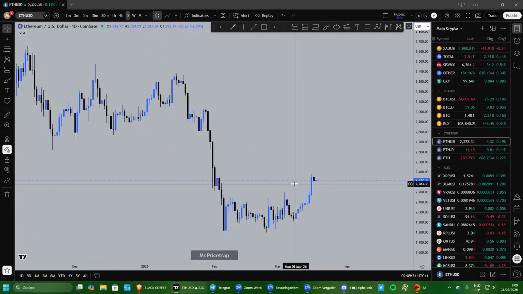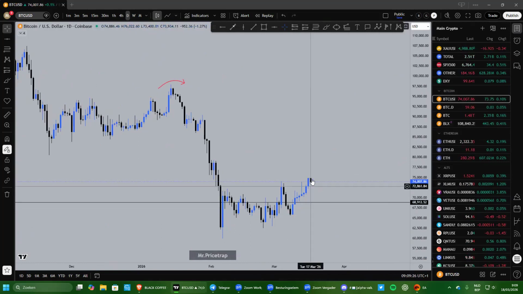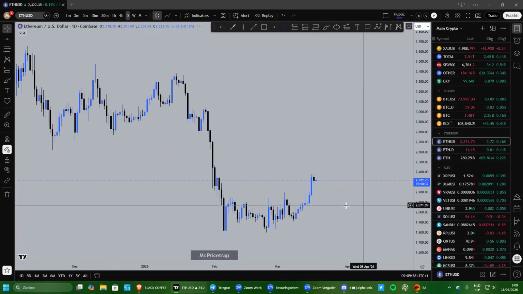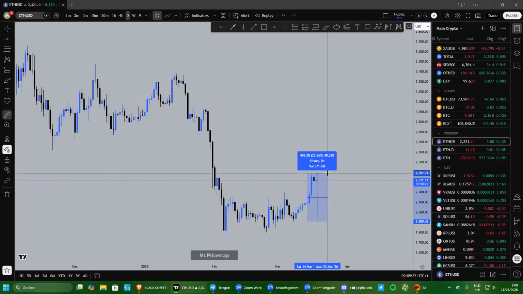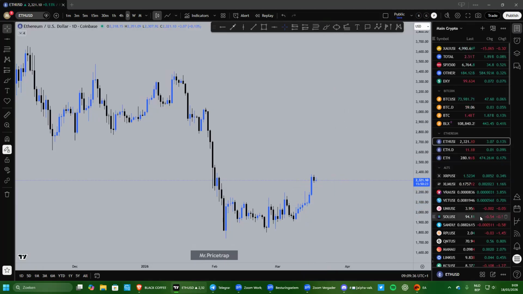If I'm not mistaken, Bitcoin from the low till here is only 15%. But if you take a look at Ethereum, I think it was 25%. So that's already a small difference showing that the altcoins or Ethereum are acting strong on a small retracement on Bitcoin.